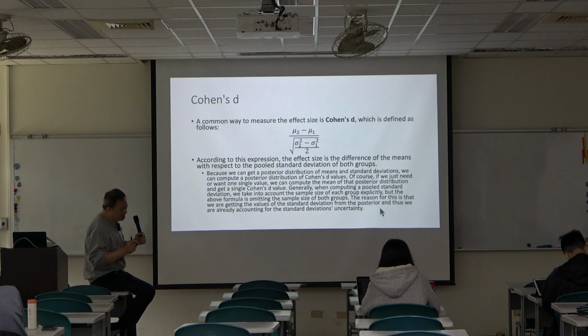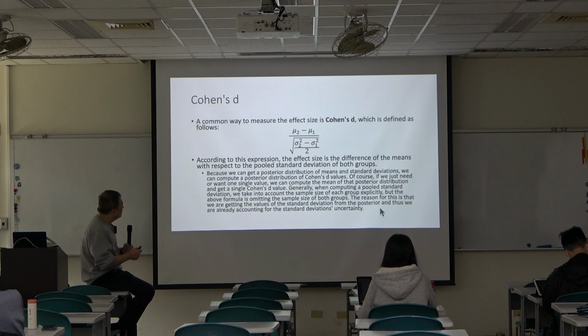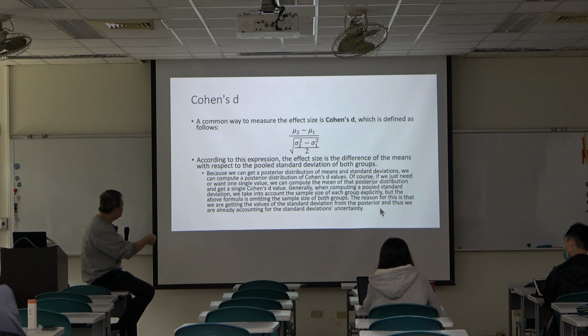But for the same difference of mean, if the standard deviation is in the range of 100 or 10, even 10, then that difference of mean will be less significant. So that's why Cohen's D is defined in this format.